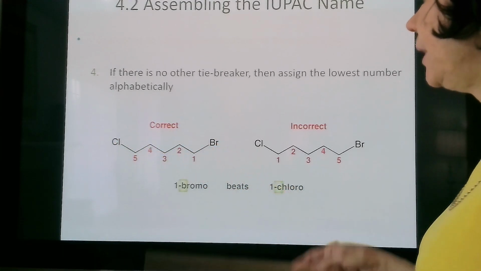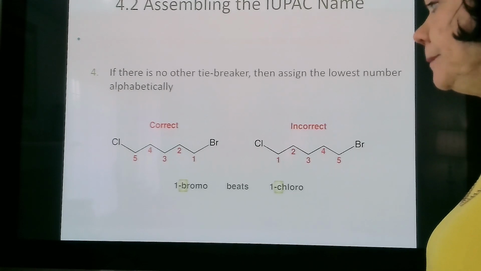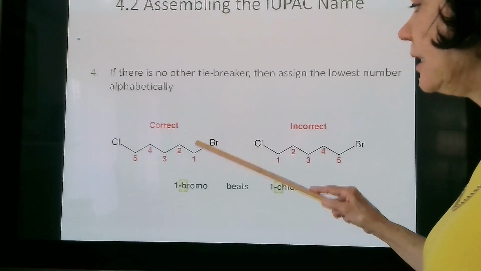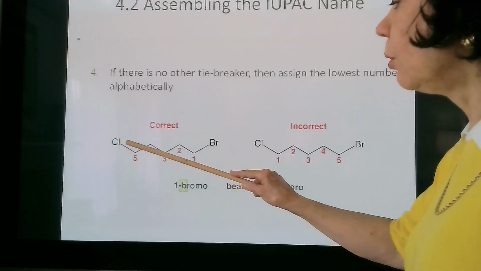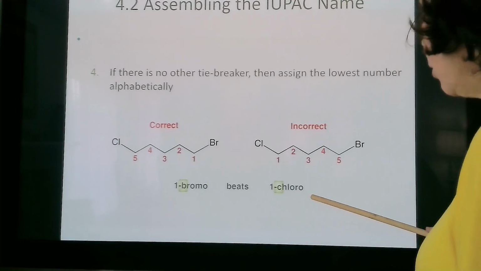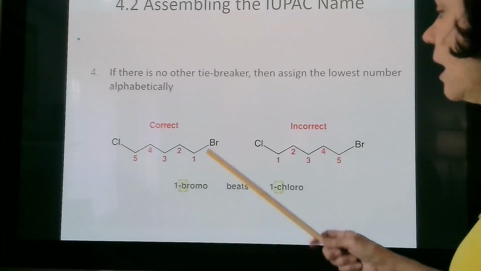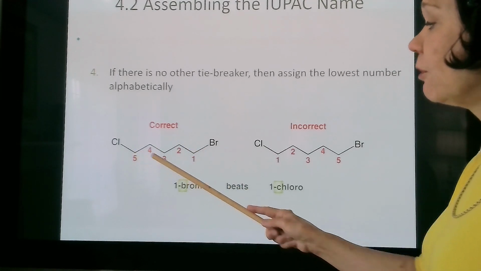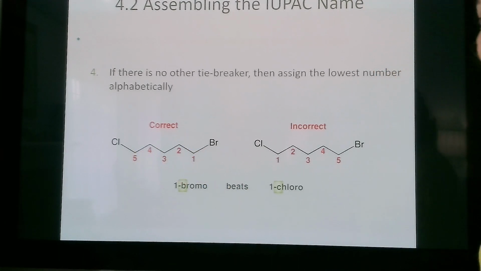C comes after B in the alphabet. And so bromine takes precedence over chlorine. So this is bromo, this one is chloro. So the correct name would be 1-bromo, 5-chloro, pentane.